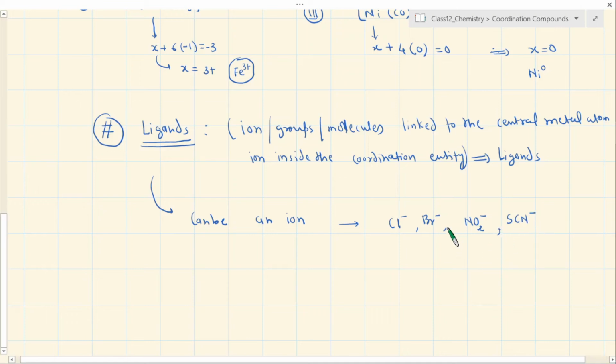Okay, so there could be a negative ion like this, or it could be oxalate. Okay, I will write it down, oxalate 2 minus. Even this is an ion. So there could be a negative ion which can act as a ligand, or that could also be a neutral molecule.